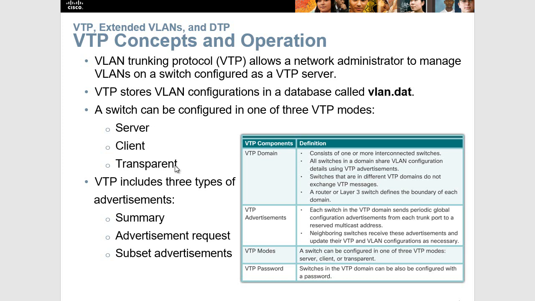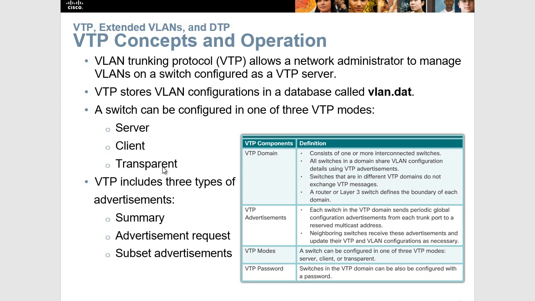You set it up manually like you normally would. What it will do is share VLAN information. It will pass it on to other clients, but it's only going to pass on that information that those clients are sharing from the server. If you've configured VLANs on a transparent switch, it's not going to forward that information to other clients.